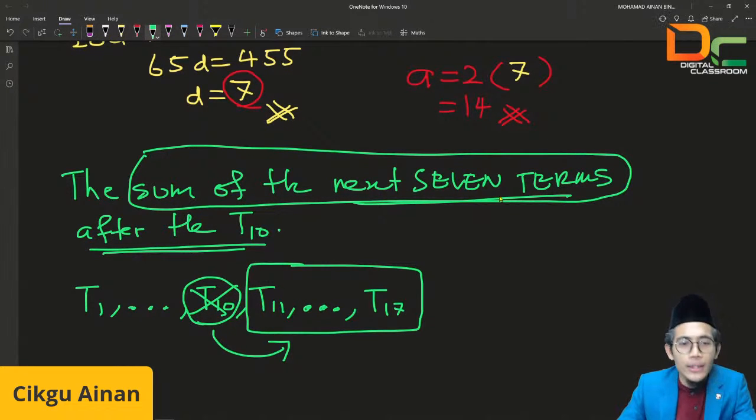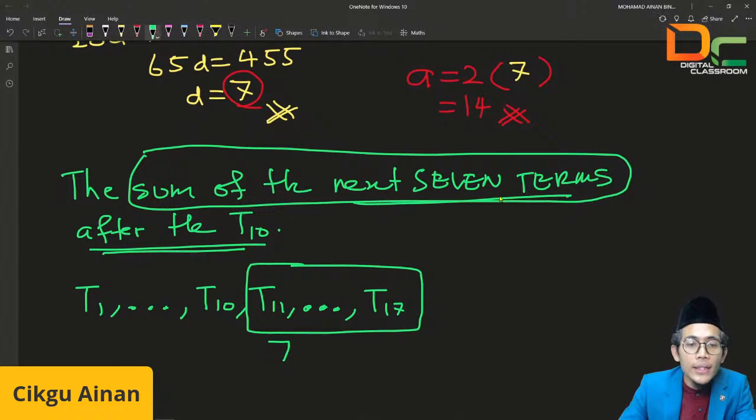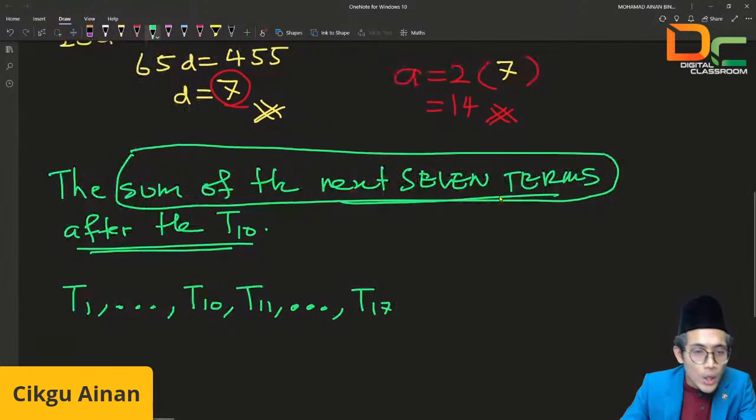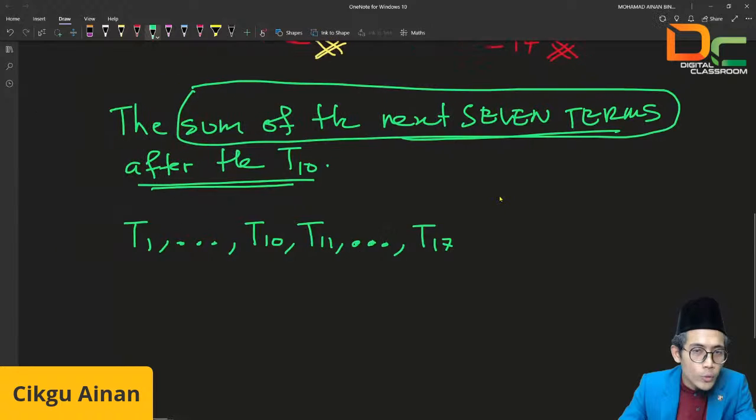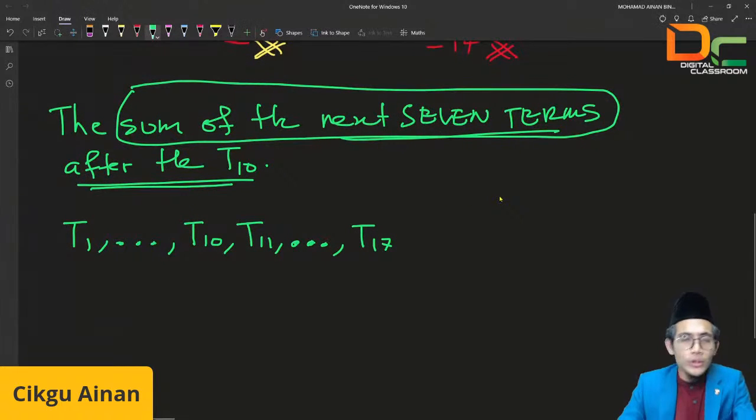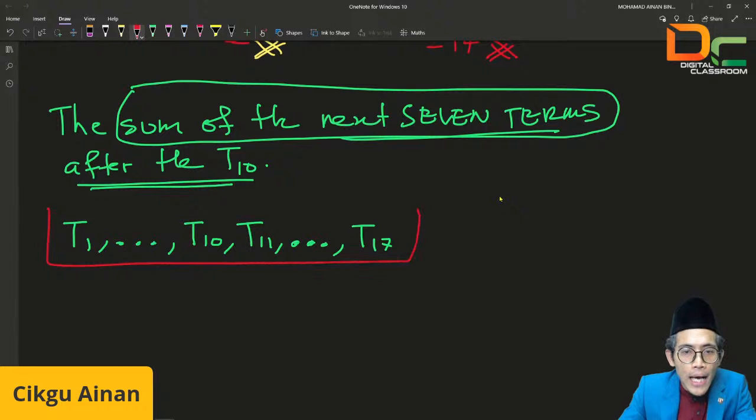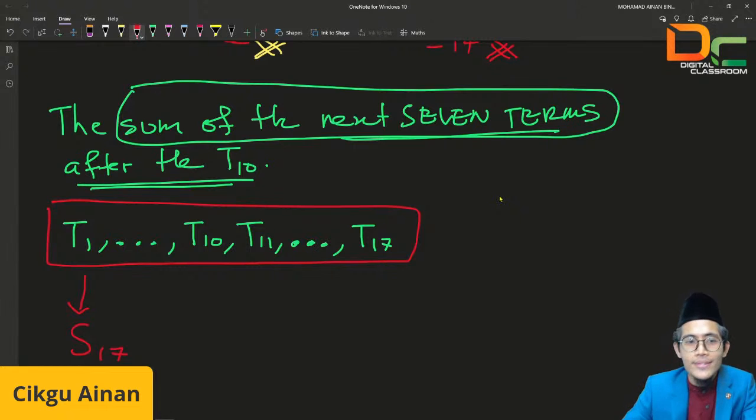Simple. Don't worry. So I erase this one first. This one I erase also. Now we know what we want, and we know what we don't want. So the clue is we take everything, and we minus the part we don't want. What is everything? I use red color. Everything is S17.